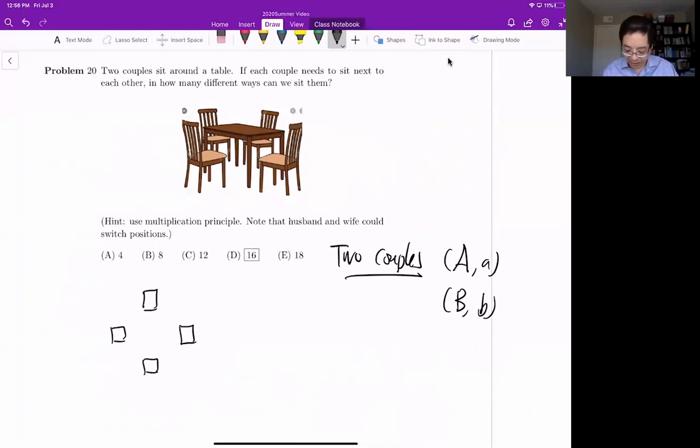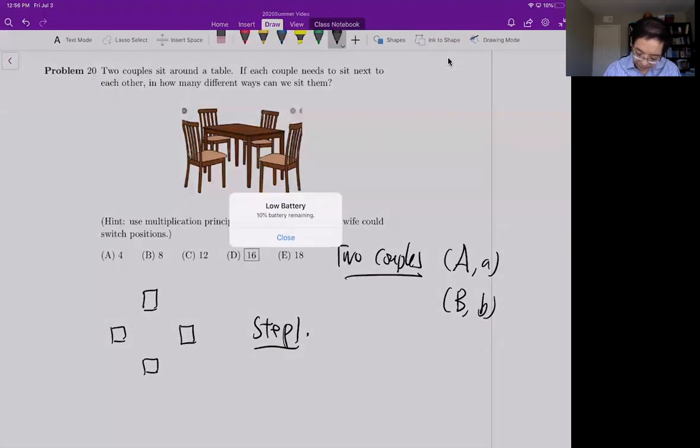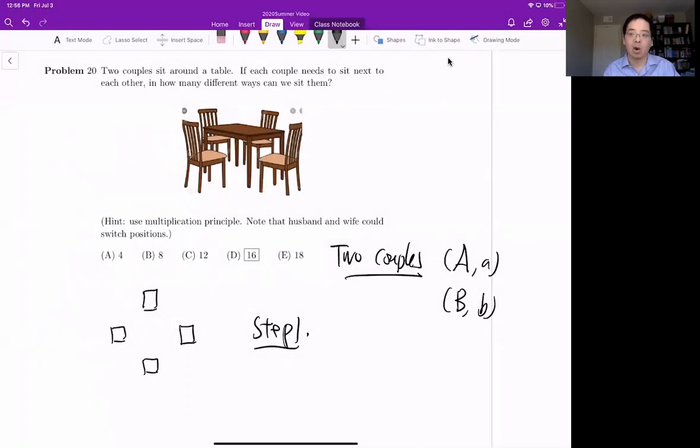Step 1, let's accommodate the first couple, AA. Because they have to sit next to each other, there are 4 ways.